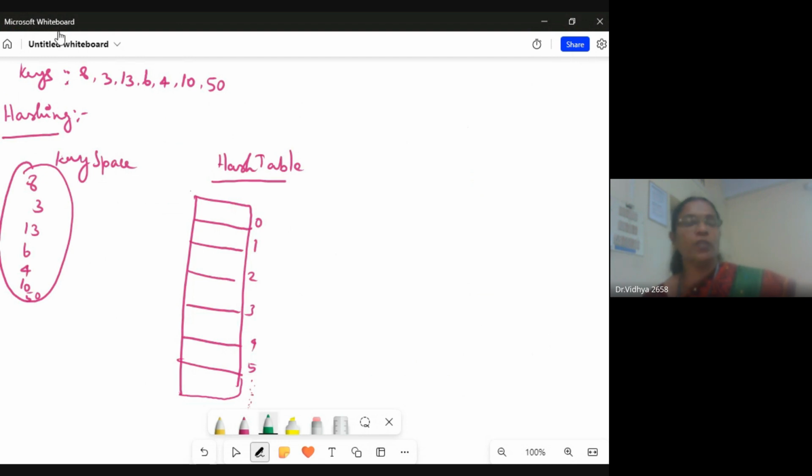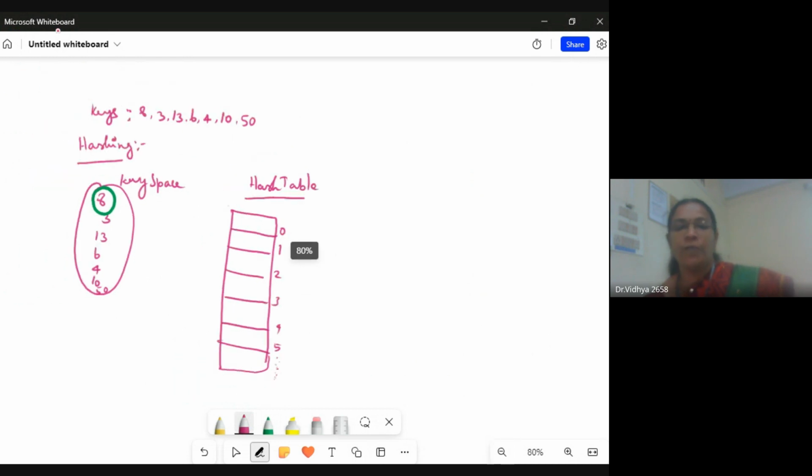As per the concept of normal hashing, we will be placing the elements at their respective values. So here I'm writing 5, then extending 6, position 7, position 8. Likewise, the index will go.